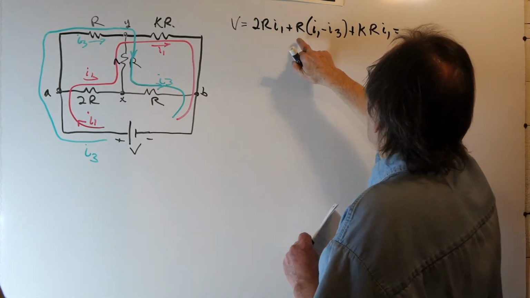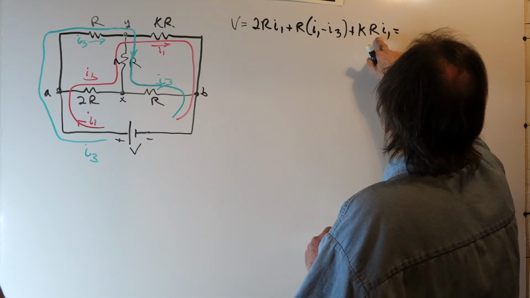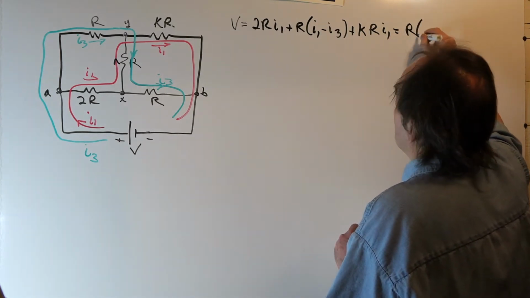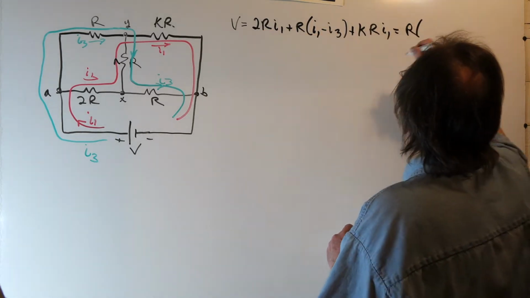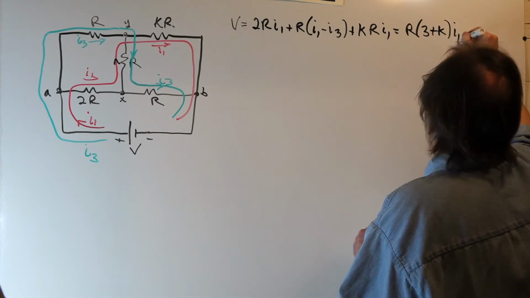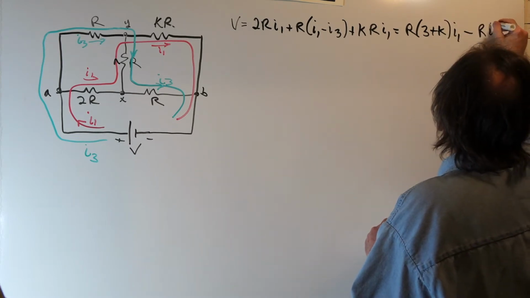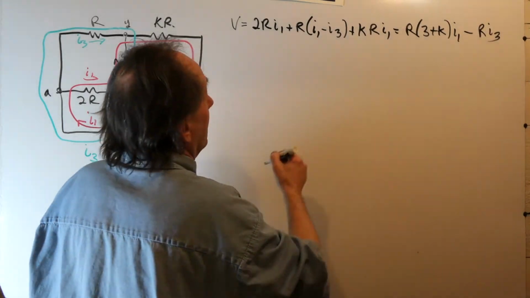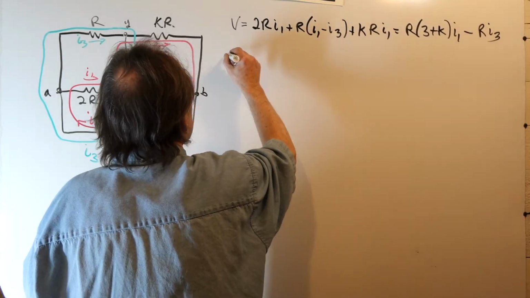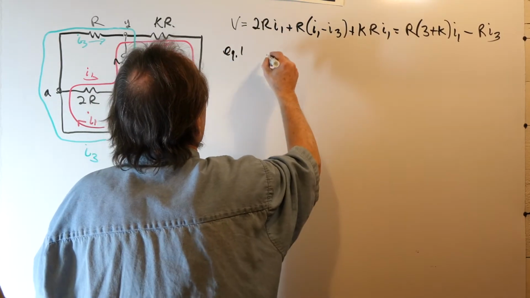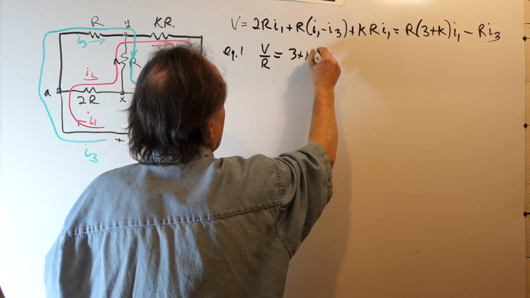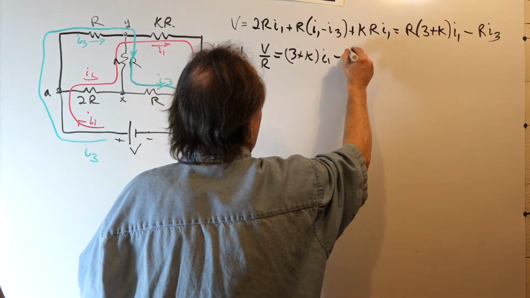We have 2R I1 plus R I1 plus KR I1. I can pull the R's out, and we have 2 plus 1, which is 3, plus K, times I1, minus R I3. I'm going to factor out the R's and divide it into V, so this will be equation 1. I'll write this as V over R is equal to (3 plus K) I1 minus I3.